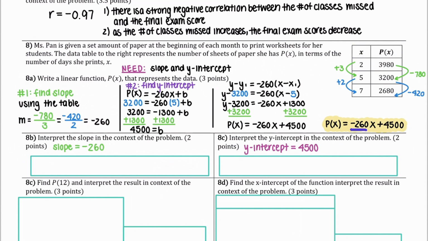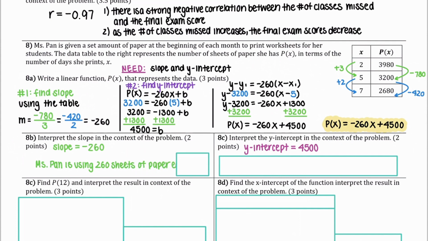So if x is the number of days, this is saying that negative 260 times the number of days plus this number will give us the amount of paper left. So we can think about it as such. Slope tells us that Miss Pan is using, because it's negative, 260 sheets of paper per day. Now next one, y-intercept.